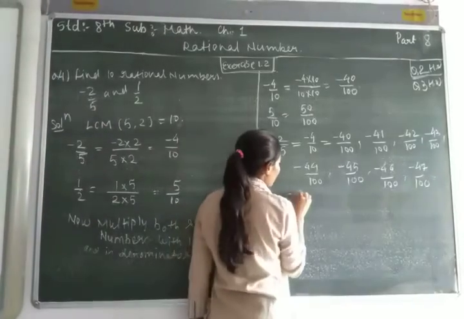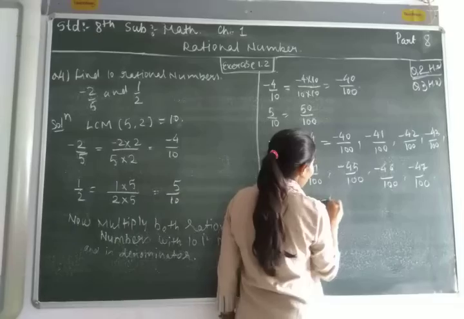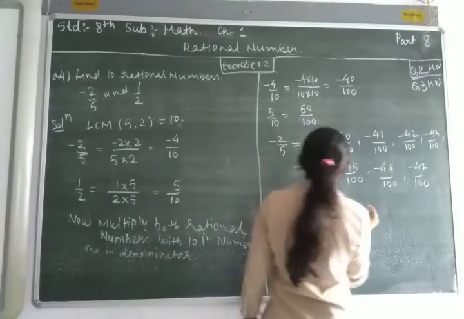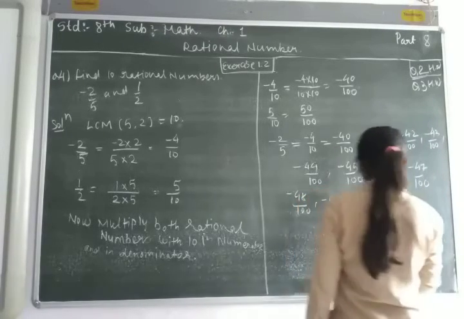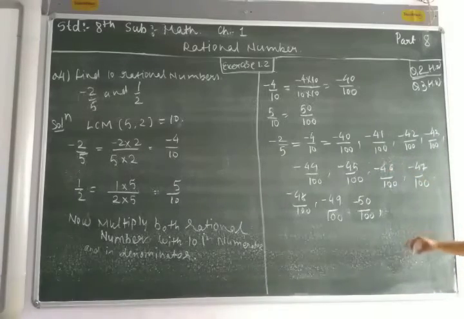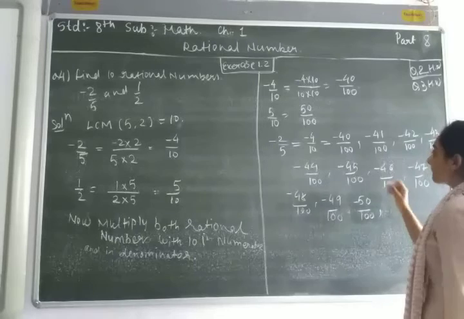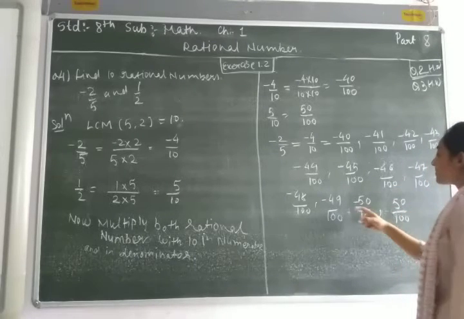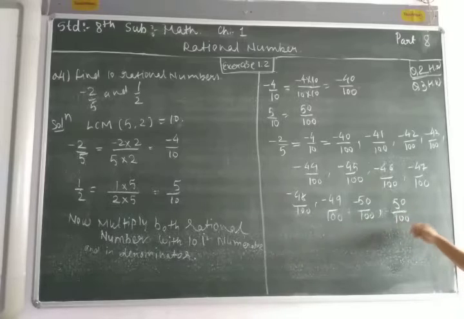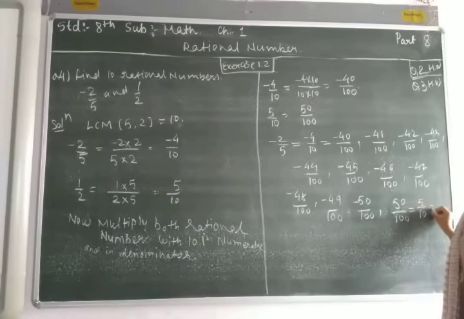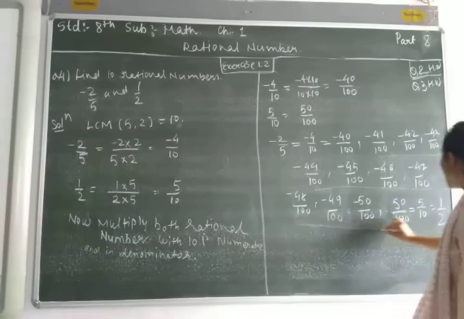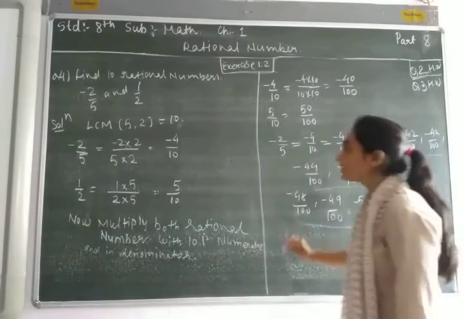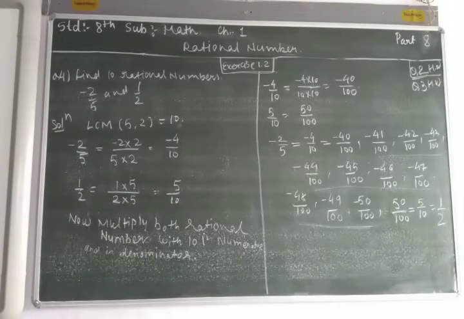So all these are my 10 rational numbers which lie between minus 2 by 5 and 1 by 2.